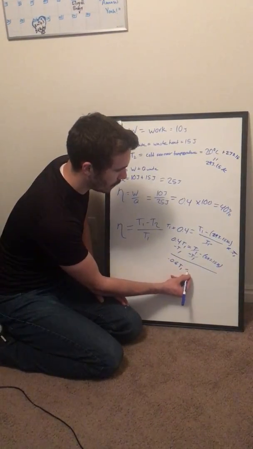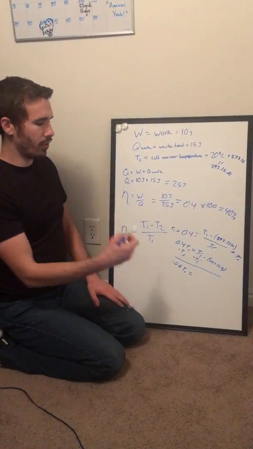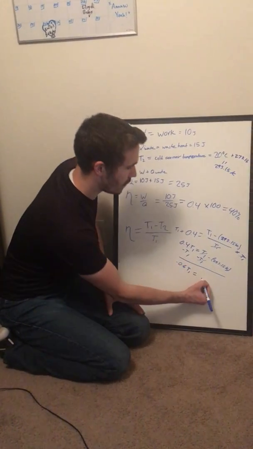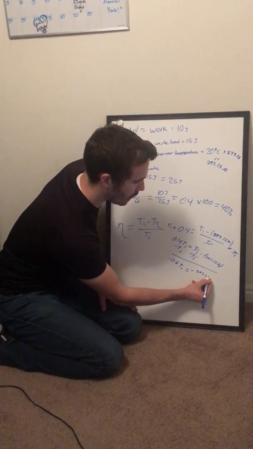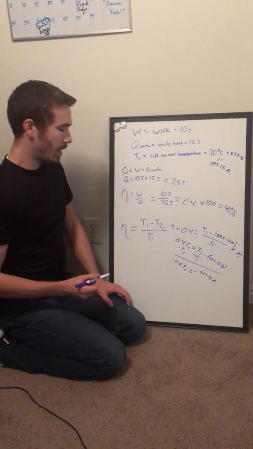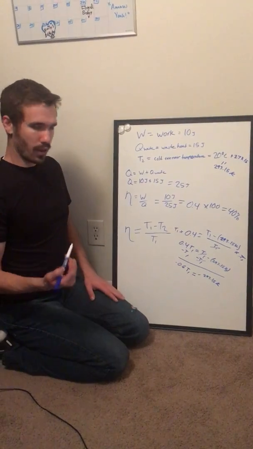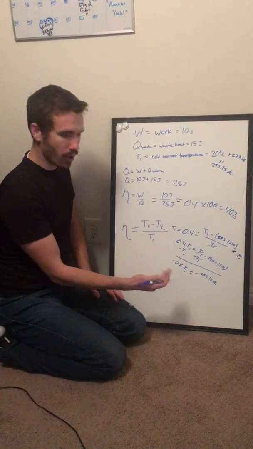T1, which is equal to the only thing we have left on this side, negative 293.15 Kelvin. At this point, all we need to do is get T1 all by itself.